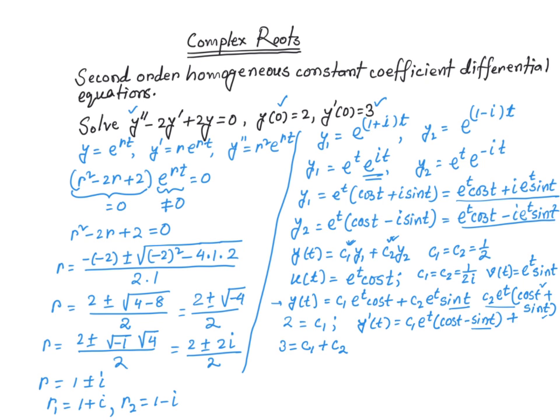However, I already found that C1 is equal to 2. So 3 equals 2 plus C2. By subtracting 2 from both sides, I get C2 equal to just 1.